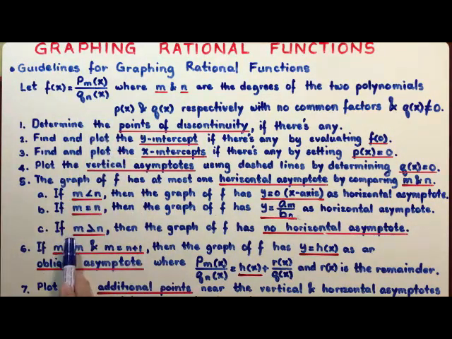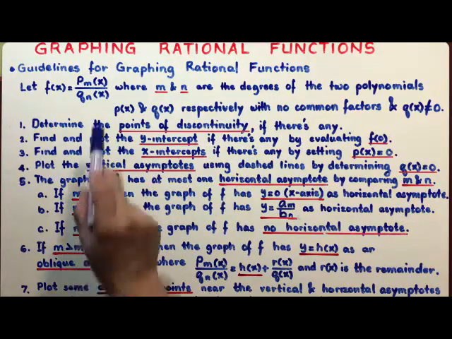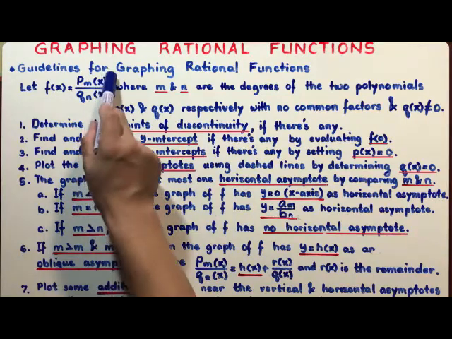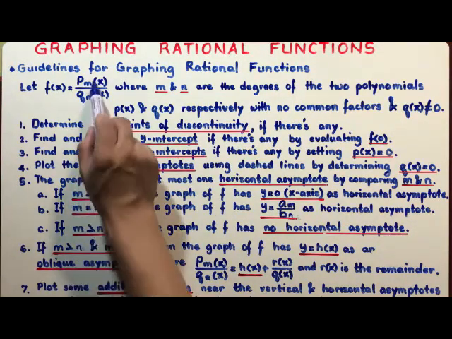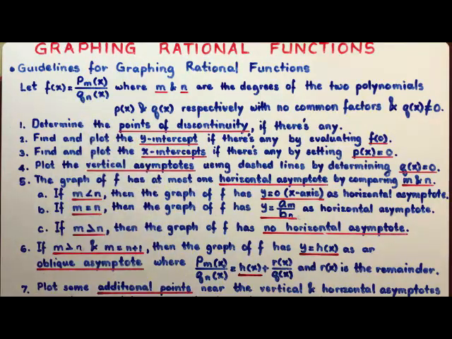But if the degree of the numerator is greater than the degree of the denominator, then the graph of the function f has no horizontal asymptote.